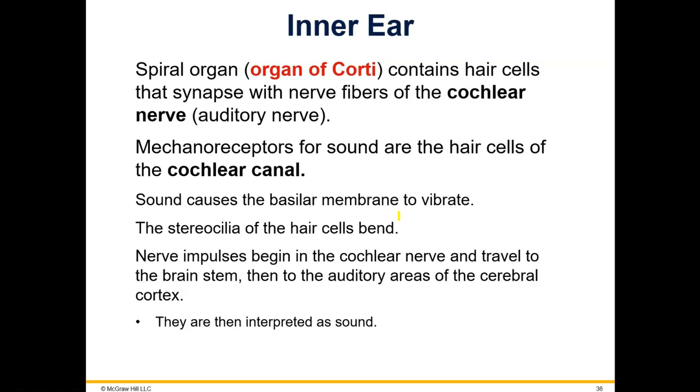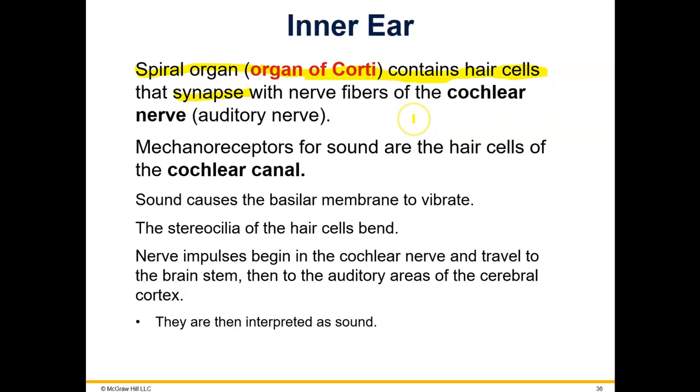All right. In the inner ear, we'll start with hearing first. The spiral organ, which also is known as the organ of Corti, contains hair cells that synapse with the cochlear nerve, which is basically the auditory nerve.